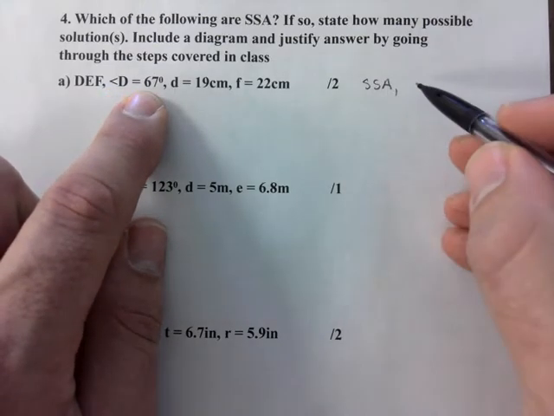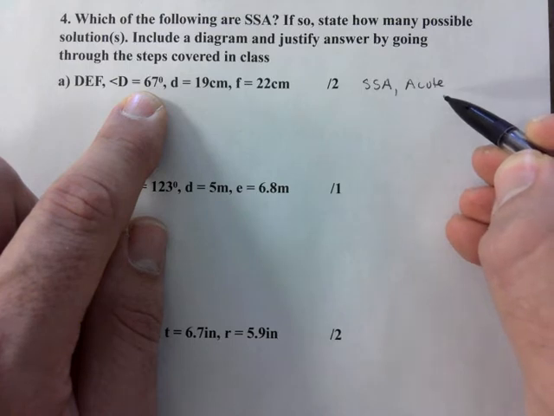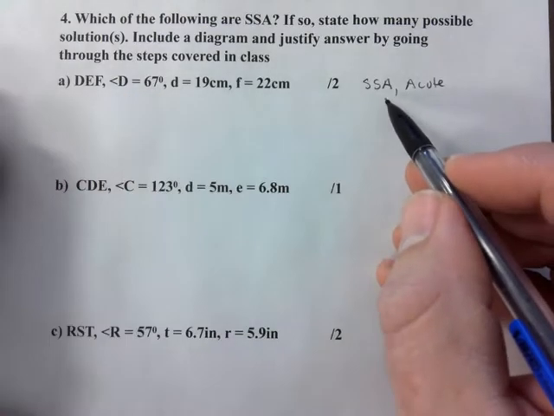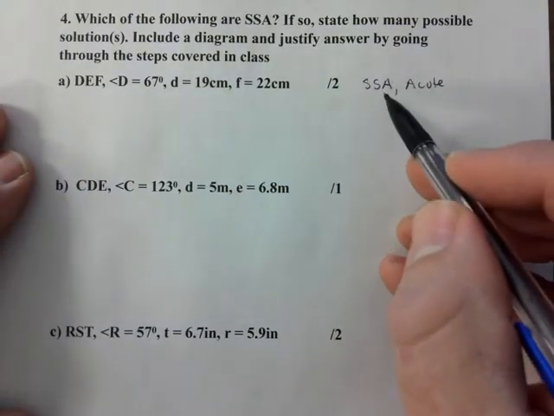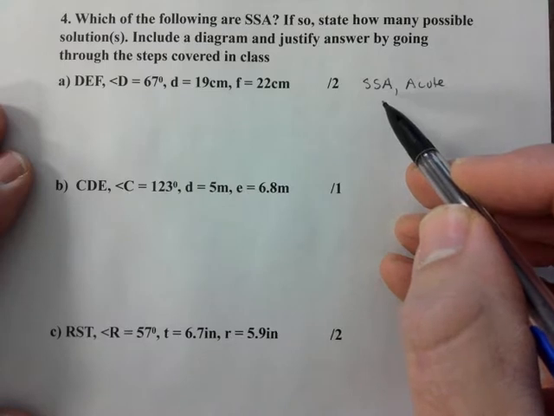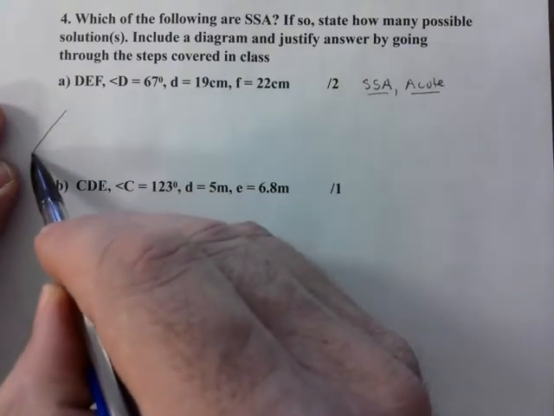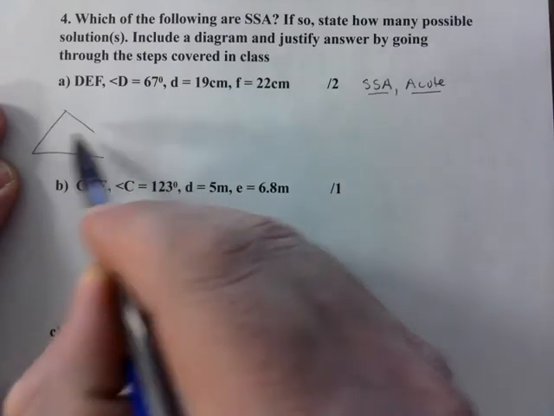And look at the angle, it's acute. Make those two observations right off the bat. If this had not been SSA, immediately, no rod and string required, it's one triangle. But in this case, it is SSA, it's acute, so we need to investigate further.